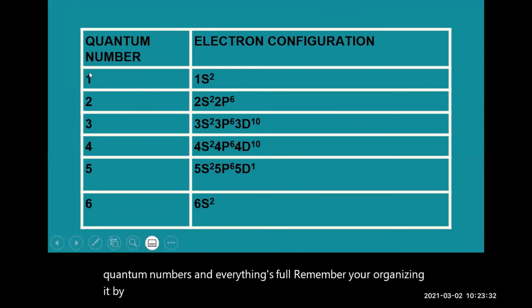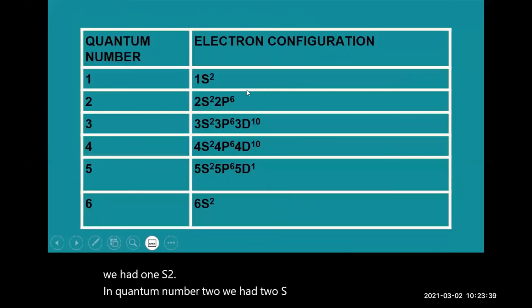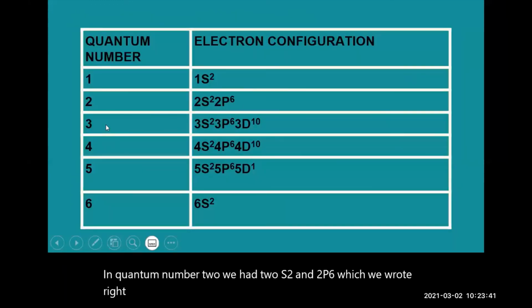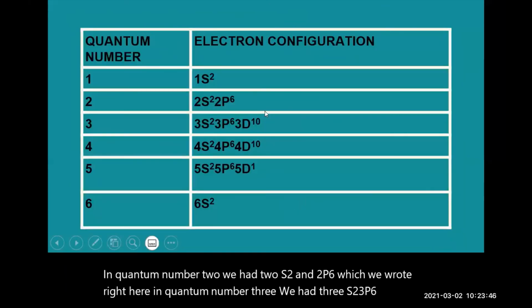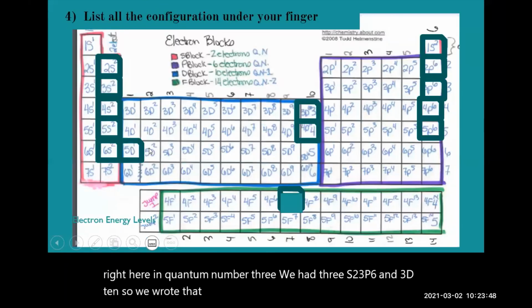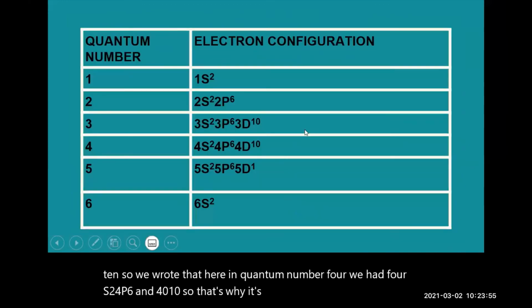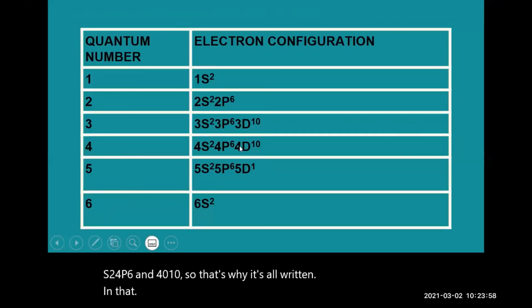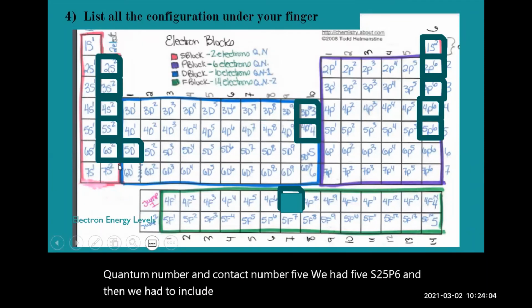So in quantum number 1, we had 1s2. In quantum number 2, we had 2s2 and 2p6, which we wrote right here. In quantum number 3, we had 3s2, 3p6, and 3d10. So we wrote that here. In quantum number 4, we had 4s2, 4p6, and 4d10. So that's why it's all written in that quantum number. In quantum number 5, we had 5s2, 5p6, and then we had to include this 5d1.